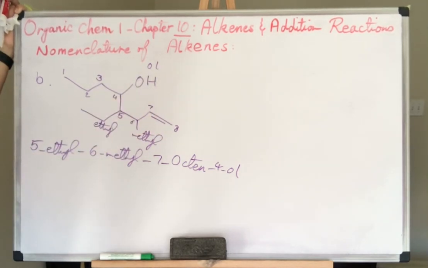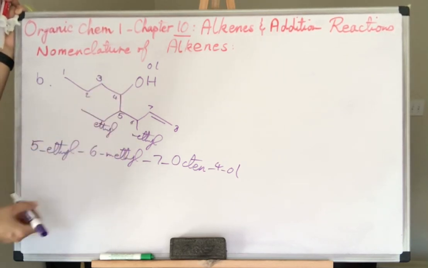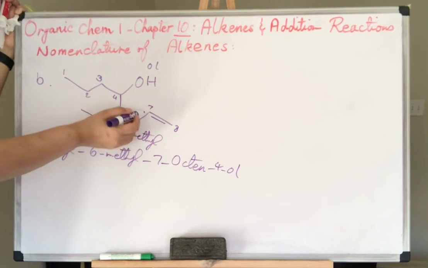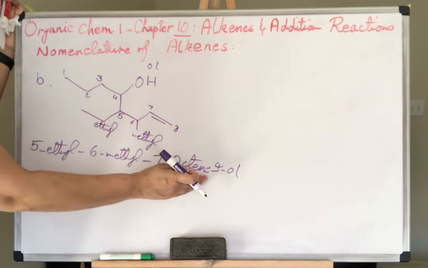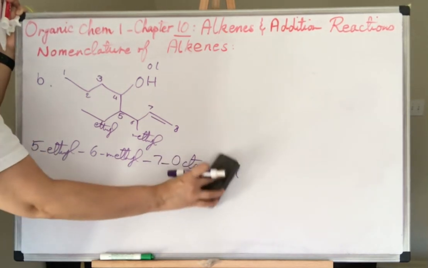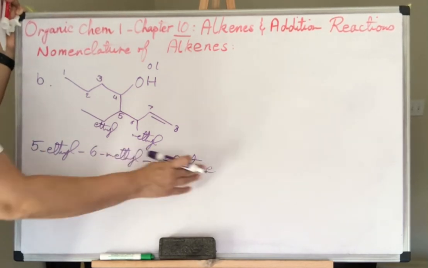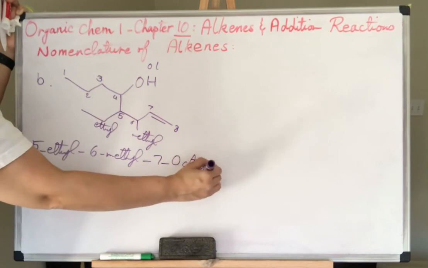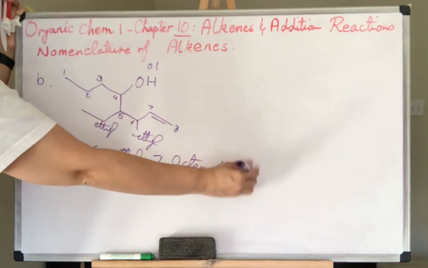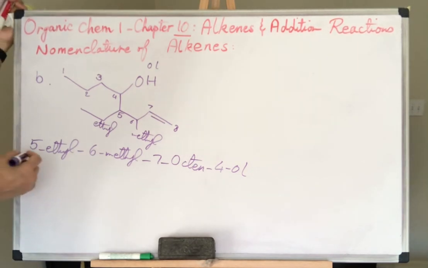So you start alphabetically with the substituents, 5-ethyl, 6-methyl, and then 7-octane. If this is octene, then if you did not have anything else, it would be octene with an E. But since you are supposed to continue with an ol on the 4 carbon, then you need to eliminate the E. That's the IUPAC rule for naming.